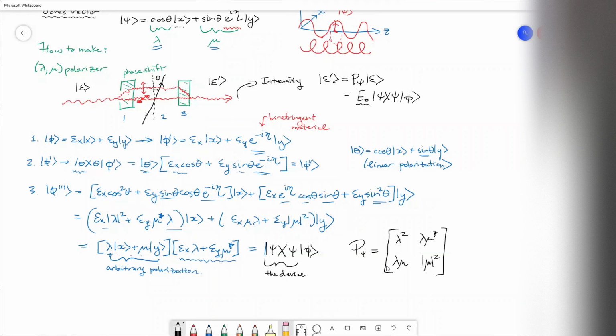So this is just E naught times the initial Jones vector. Then the intensity would just be the magnitude of this thing, the inner product with itself. So you get E naught squared times the magnitude squared of the inner product of phi and psi.